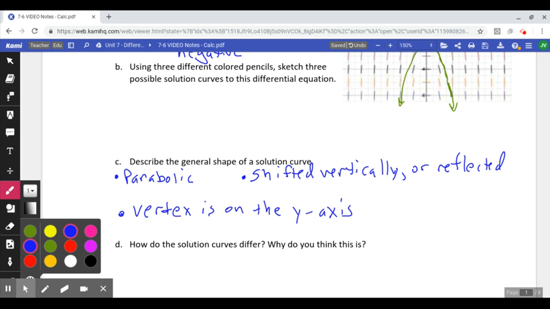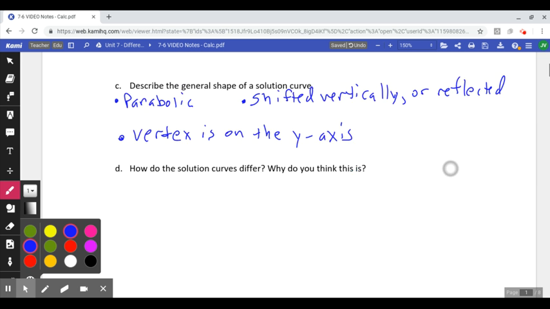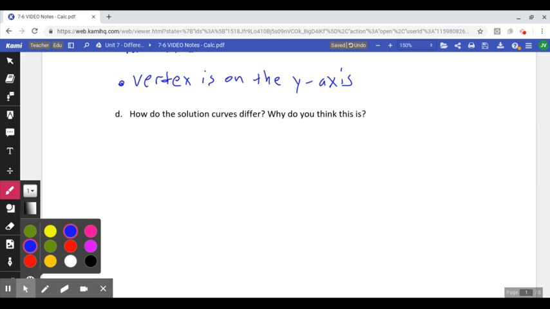How do the solution curves differ? Why do you think that is? We could say they're different because they appear to be vertical shifts of each other, kind of like what we noticed before. And why do you think that is?